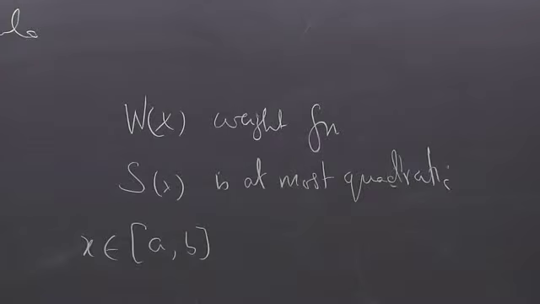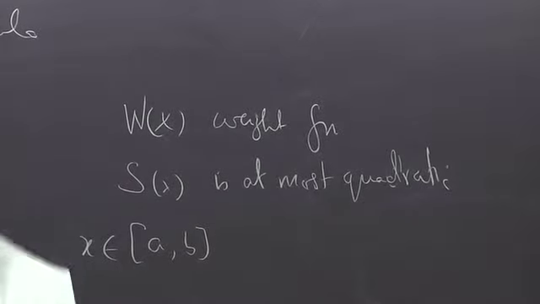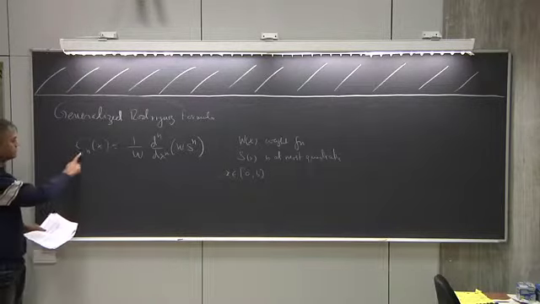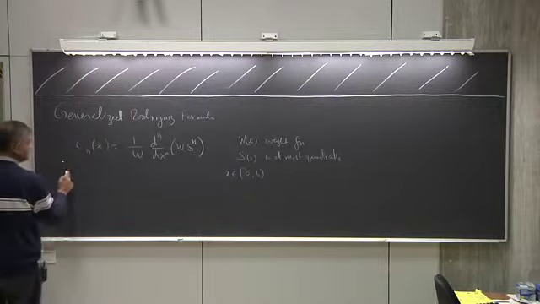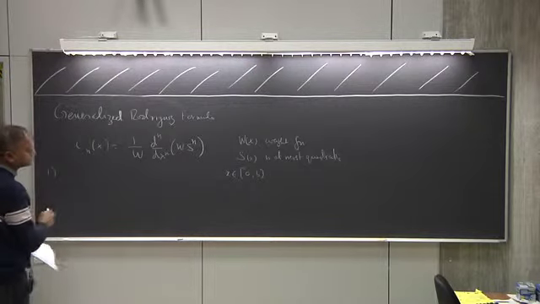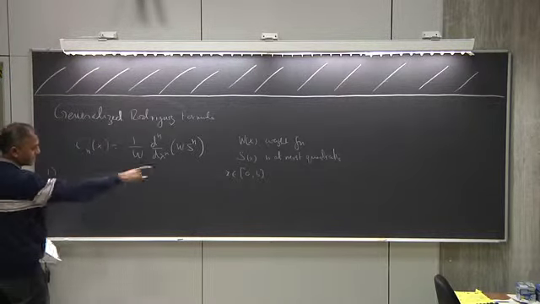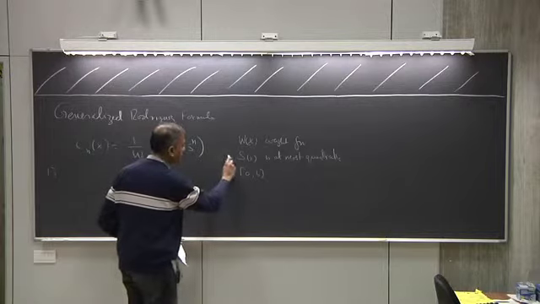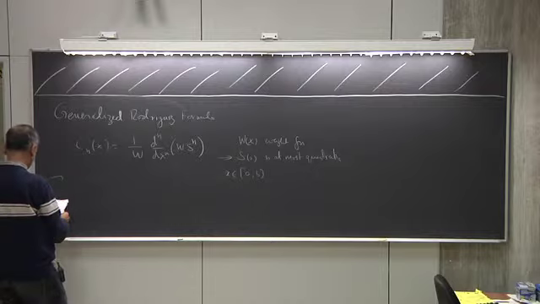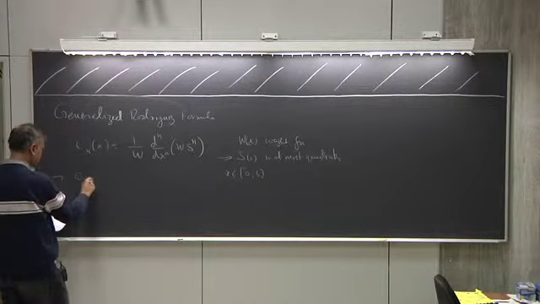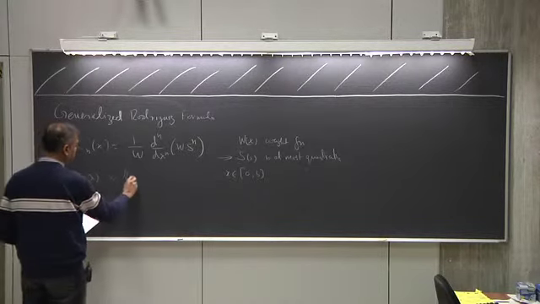Okay. And these functions had to satisfy certain conditions, and if they satisfy those conditions, then we went through the proof that the Cn of x are orthogonal to each other. So the conditions were, first of all, s of x is at most quadratic. The second condition was that C1 of x is linear in x.